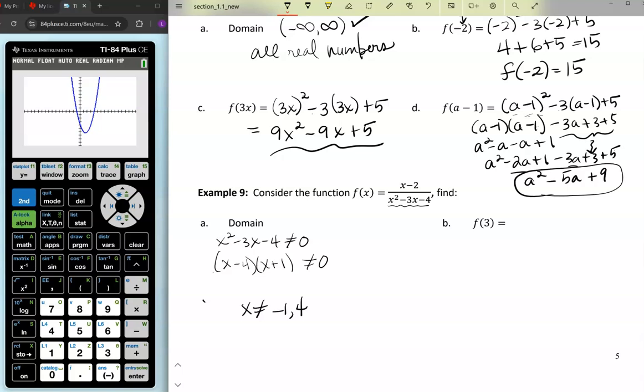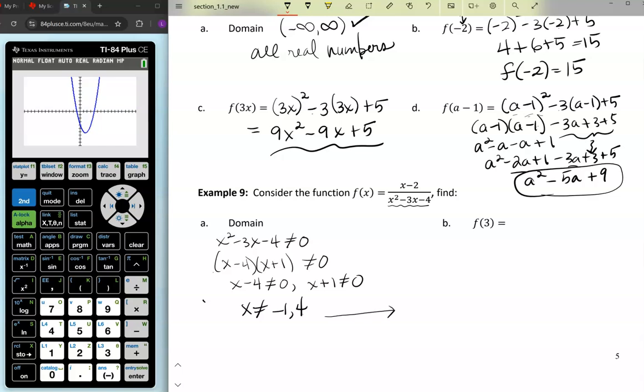And when you have -4x plus 1x, we get -3x. And then if you remember, we take this product and separate it into these two equations, and then we solve for 4 and -1. So the domain is everything but these two numbers.